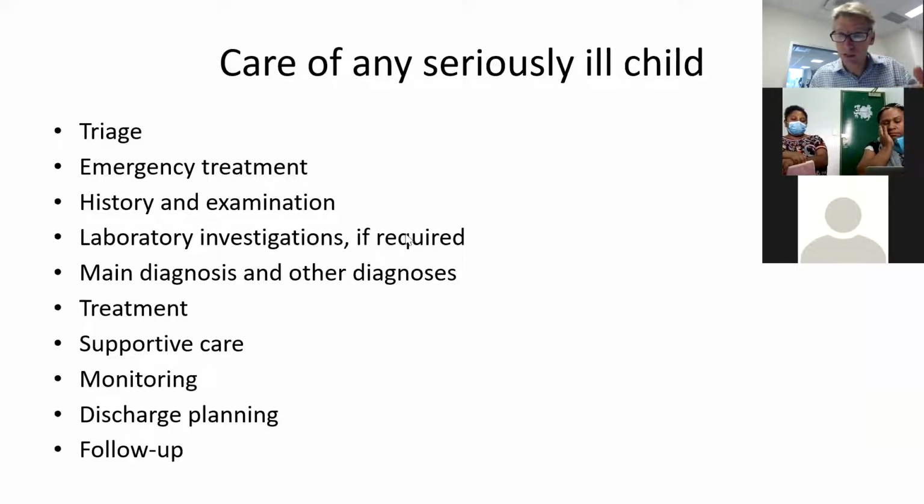And then you might need some laboratory investigations. Then you might come up with a main diagnosis, but you might have some other diagnoses that you think are important as well. Then you work out your treatment plan and decide what supportive care and monitoring is required for that child over the next few hours and days. And then you think about discharge planning and then follow up.